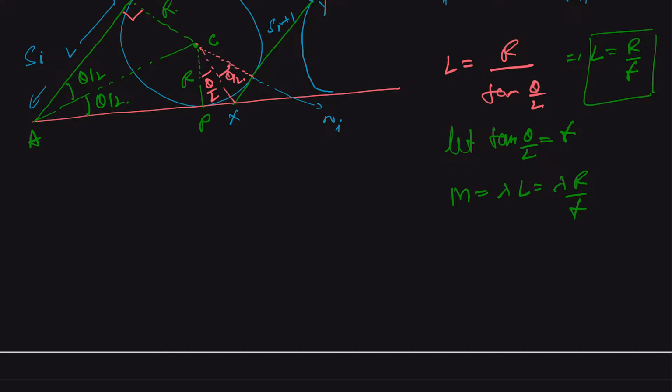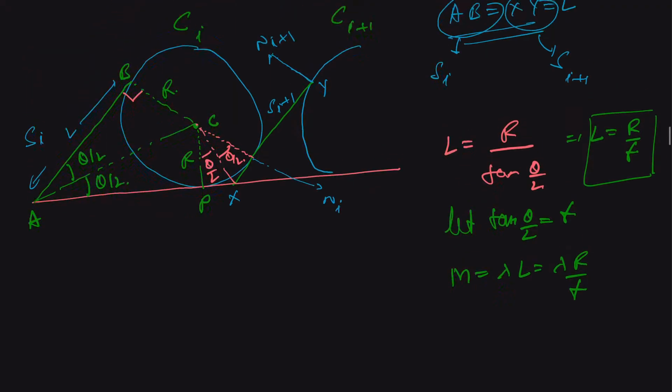So let us find out, this is our XY, and this is B, and let us call this point O. In this case, we are going to find the fraction of the stick XY, because it will be divided into two parts, XO and OY.